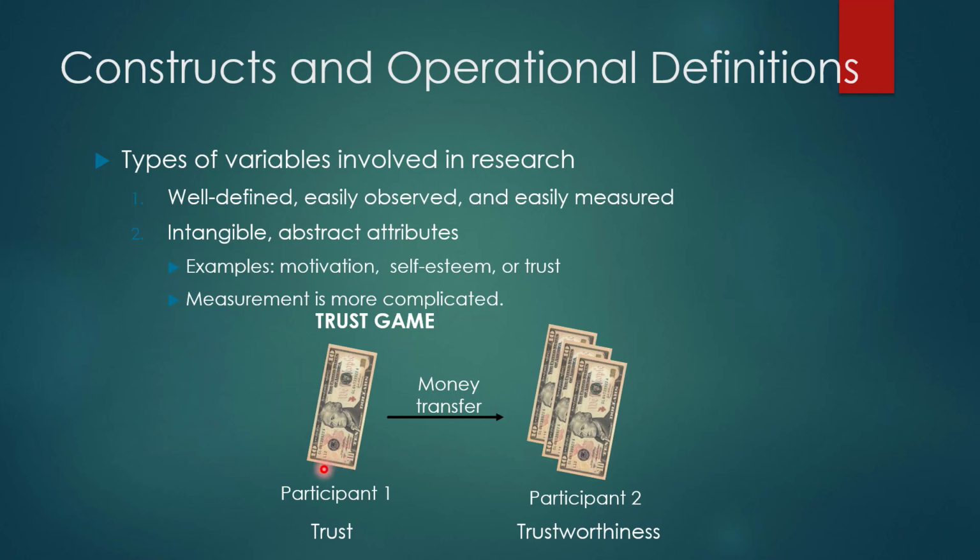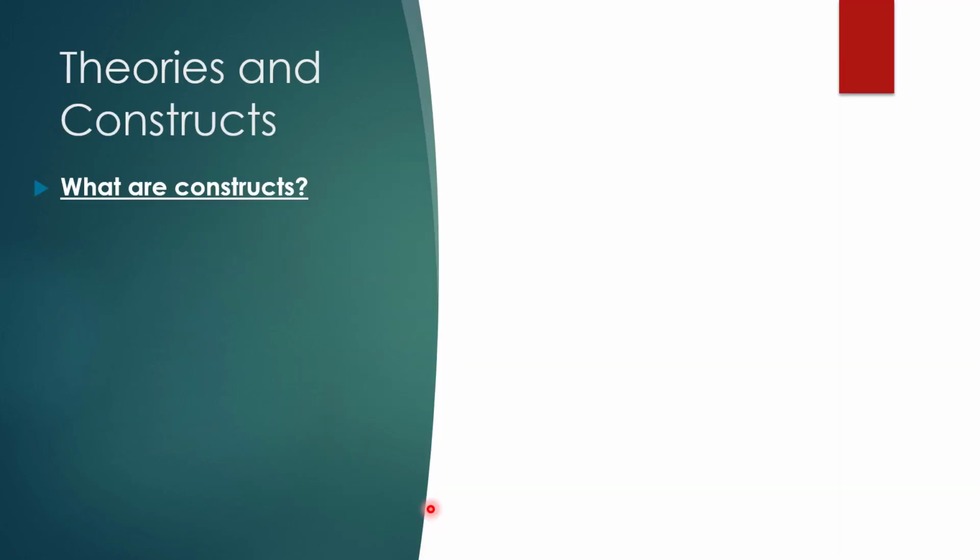So when participant 1 is transferring money to participant 2, the amount that they transfer determines how much trust they have. And when participant 2 receives that money, the more money they get, the more trustworthy they feel. So this is one way to define a complicated variable that you might want to measure, such as trust. Can you increase or decrease trust? What does trust result from?